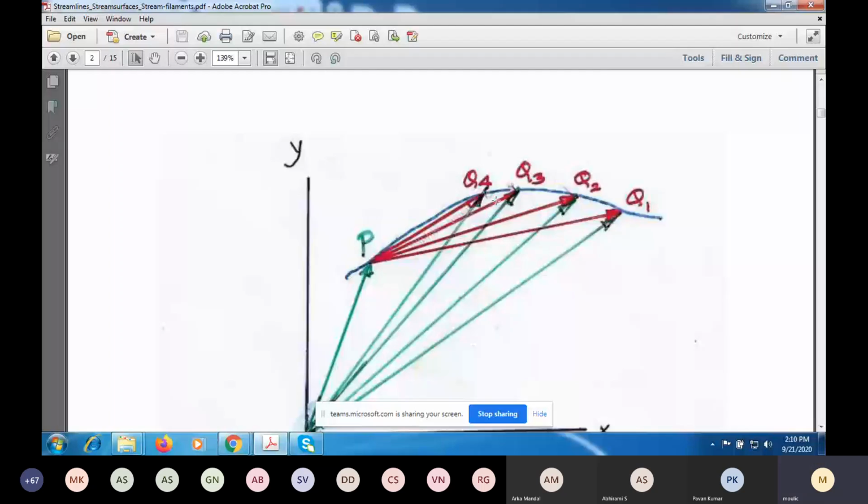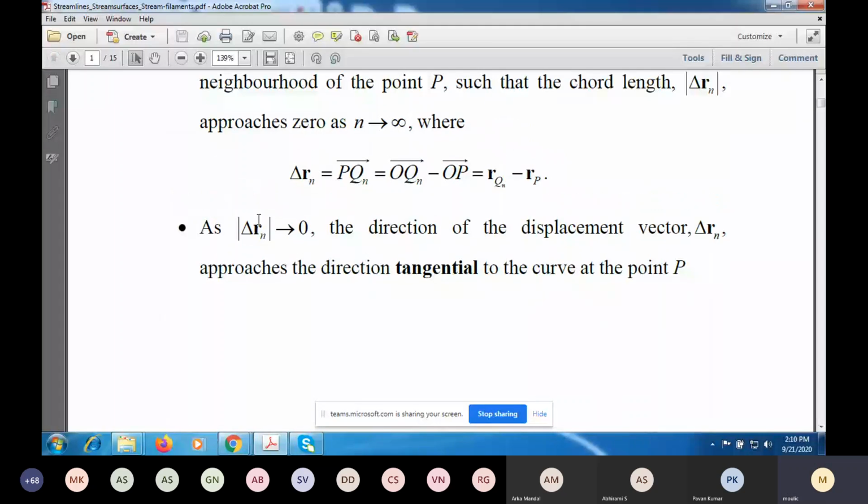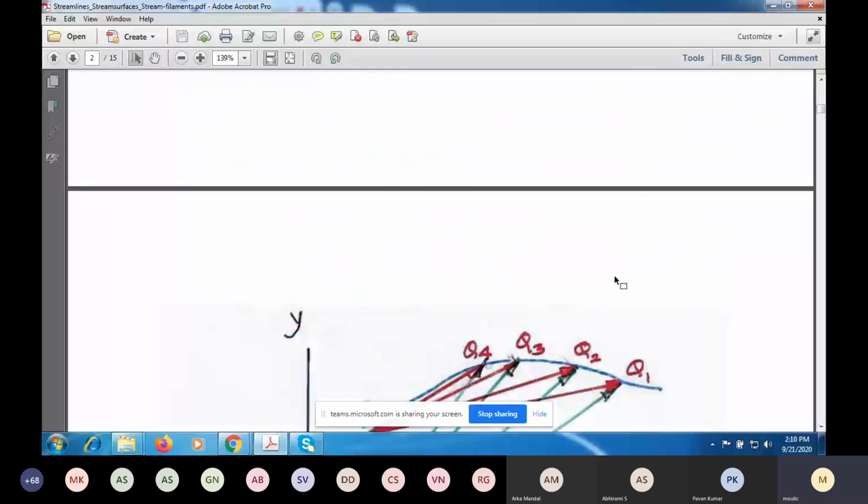Okay, so what you observe is that as the points Qn approach P, this displacement vector becomes tangent to the curve. Okay. So the important thing is that as the magnitude of the chord length, delta Rn vector magnitude, goes towards 0, the direction of the displacement vector delta Rn approaches the direction tangential to the curve at the point P. So this you have to see from the geometry of the figure.